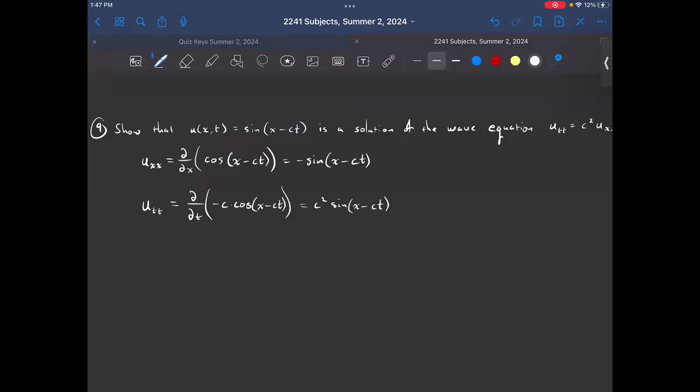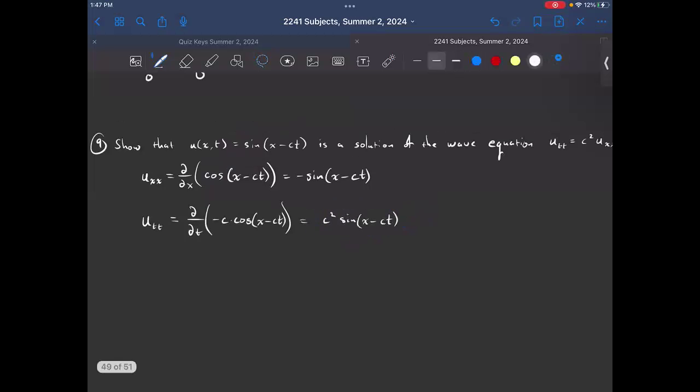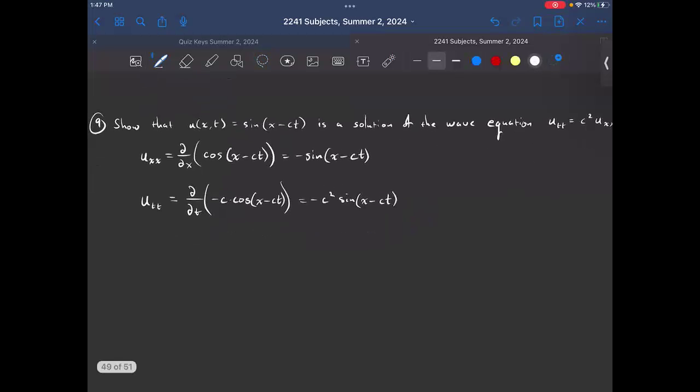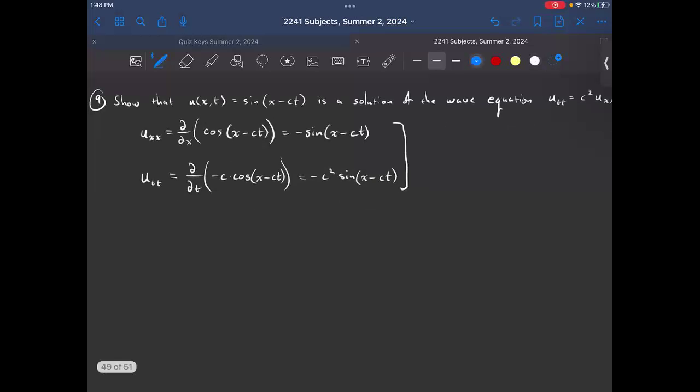Oh, missing a minus sign here. Minus c squared there. Okay, and now, yes, this is exactly the relationship that I want. I can see that if I multiply u_xx by c squared, I get exactly u_tt, or I can just notice that this right here is minus u_xx. And so I have the equation u_tt equals minus c squared times minus u_xx, or the wave equation.